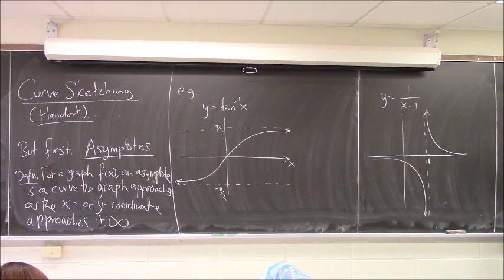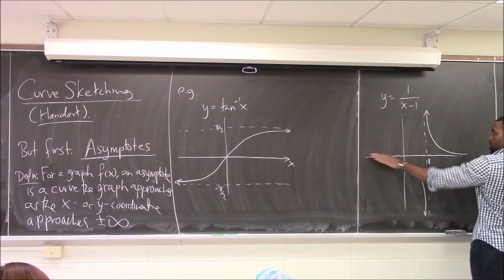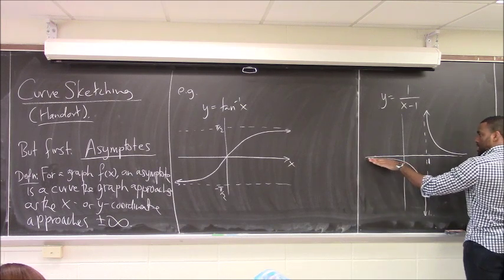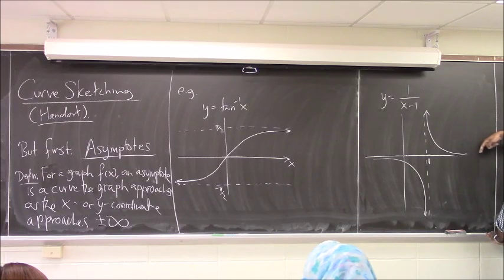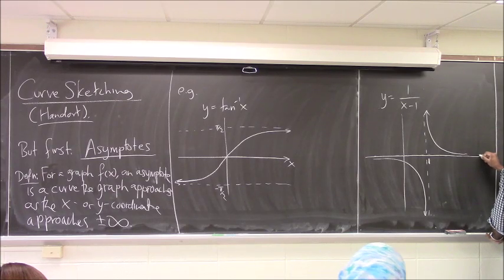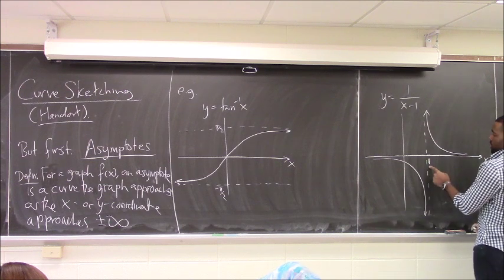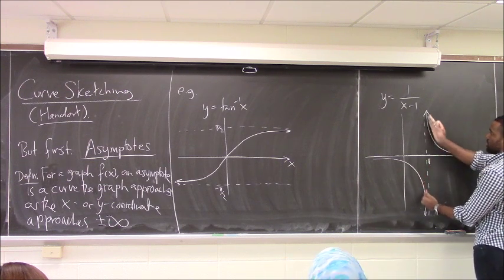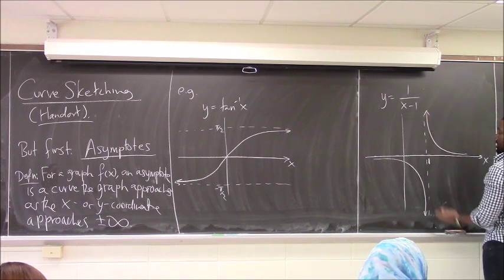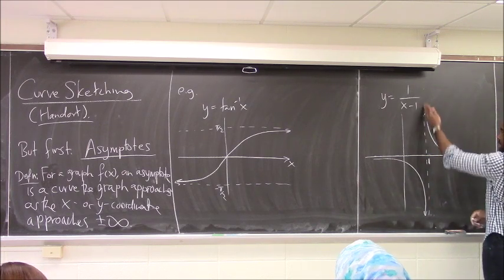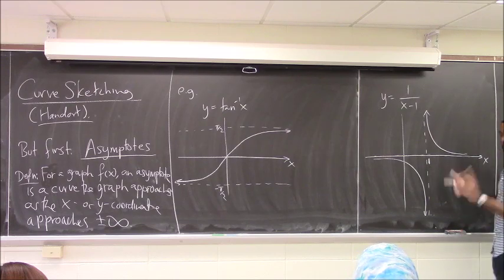As the x coordinate is approaching negative infinity, the graph is getting closer to the line y equals 0. As it is approaching positive infinity, the graph is approaching 0 as well. However, there is a situation where your graph is approaching this curve as your y coordinate is going off to infinity. And so this line, the line x equals 1, would be called an asymptote of that graph.